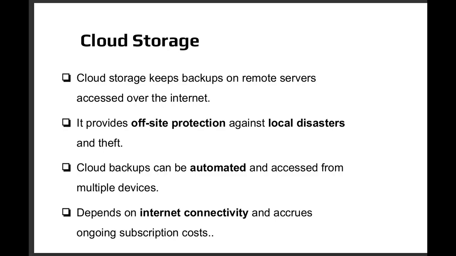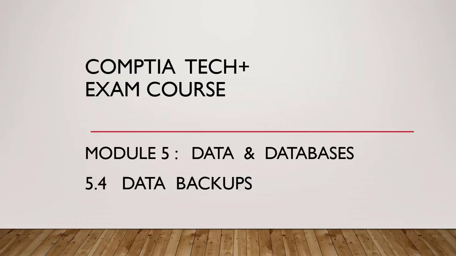These can be by regularly scheduled times or by activity of the user. Cloud storage does provide off-site protection against theft and local disasters, but it does require an internet connection. We pay subscription costs to access the data, and we are relying on a third party to ensure that our data is always available. That will conclude our discussion of Section 5.4, Data Backups, as well as conclude Module 5.